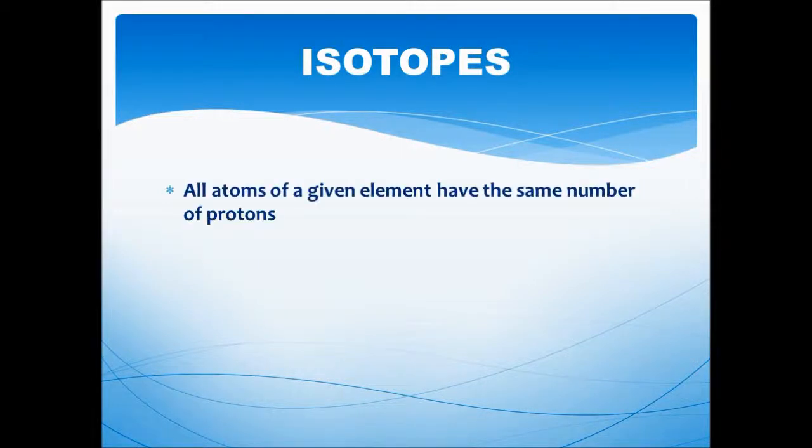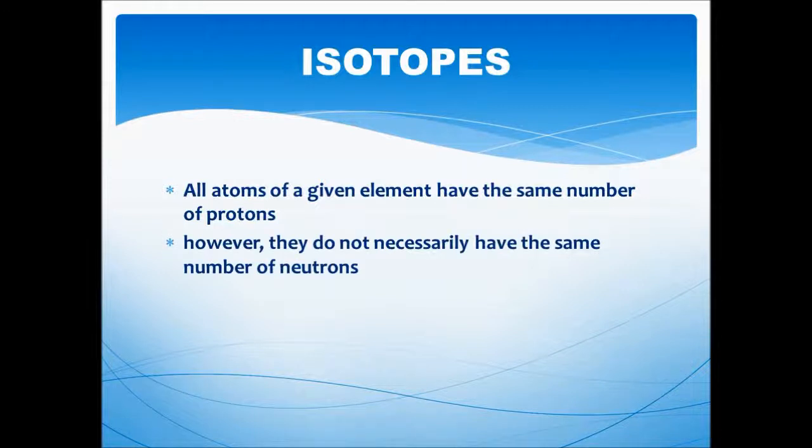Now, isotopes. All atoms of a given element have the same number of protons. So every carbon atom will have 6 protons. However, the number of neutrons within an atom may differ. And the difference in this number of neutrons is what is responsible for the formation of what we call isotopes.